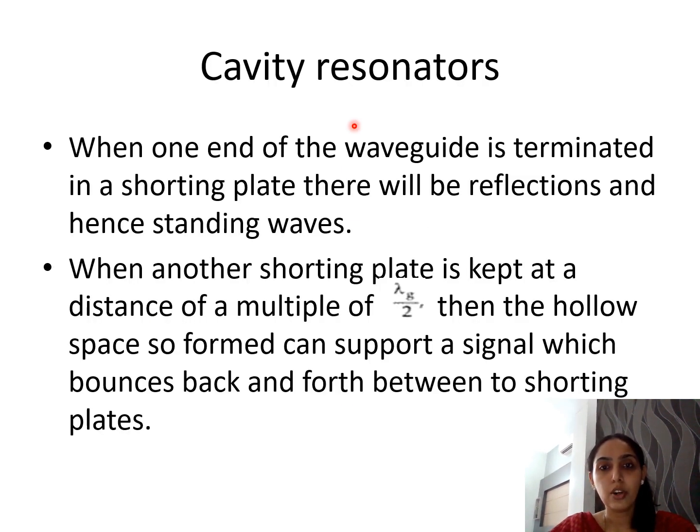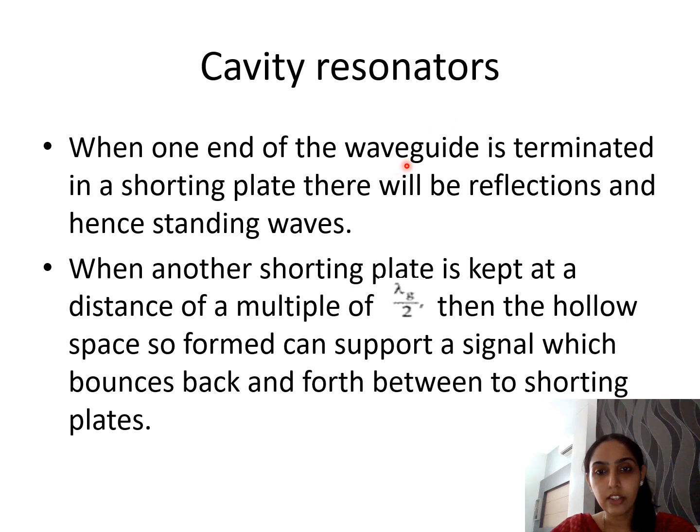Now, coming to the operation of cavity resonators. Basically, when we have a discrete resonator, we have one particular resonant frequency. But it is not the case with the microwave cavity resonator.